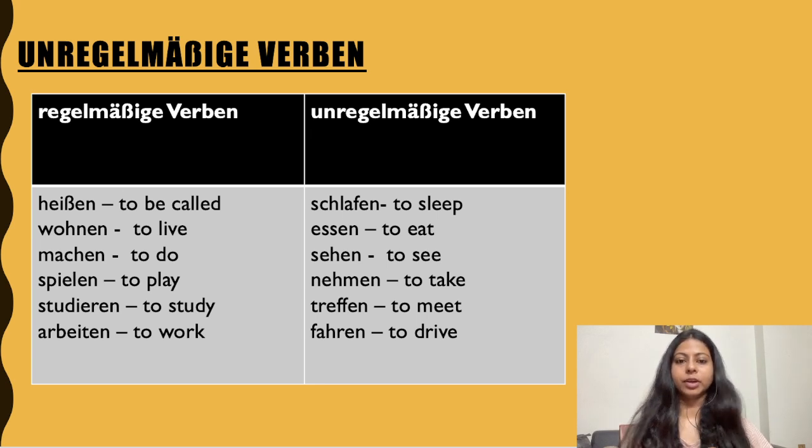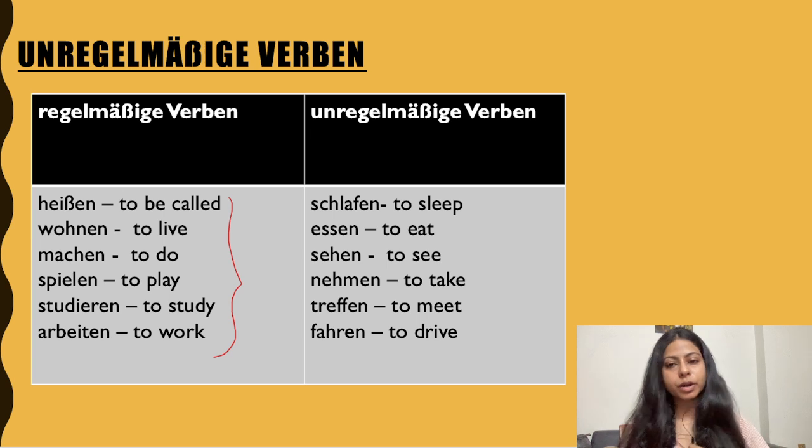Now, unregelmäßige Verben and regelmäßige Verben. Here are some examples that I have collected for you. I know there are many, but just to have a glance, for example, regelmäßige Verben would be heißen, wohnen, machen, spielen, studieren, arbeiten, and the meaning of each of these verbs is given on the right-hand side in English.